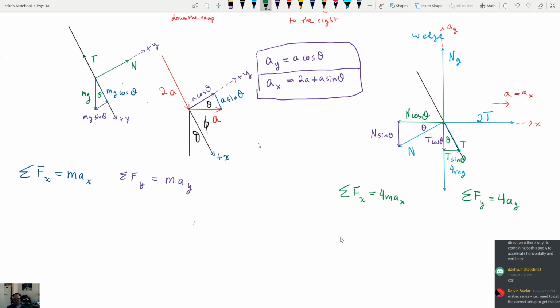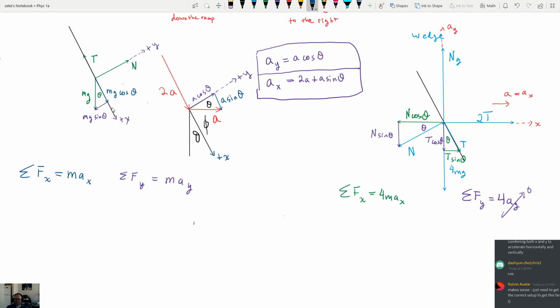So what's the acceleration in the y direction going to be for the wedge? We get 0, yeah, exactly. So that's 0.